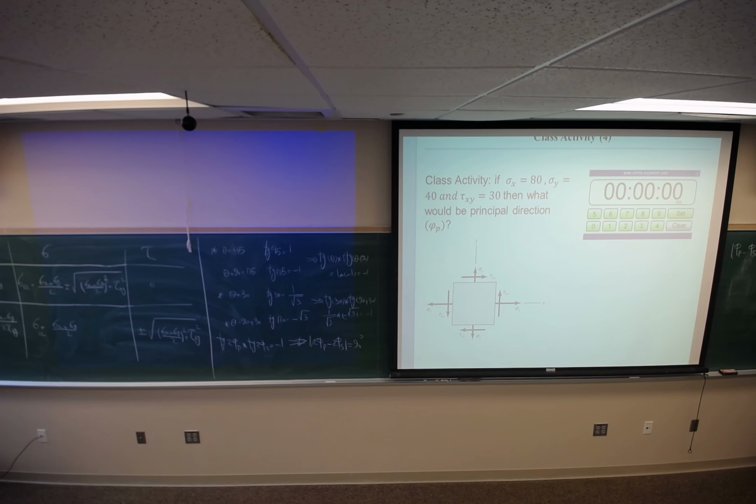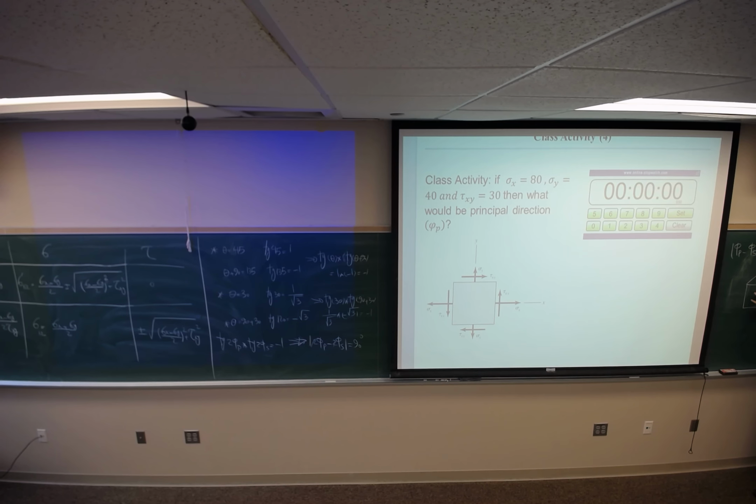So if we have a plane stress element like this, with sigma x equals 80, tau xy equals 30, sigma y equals 40, and since we don't have any stress on plane z, all terms in this plane are going to be 0.